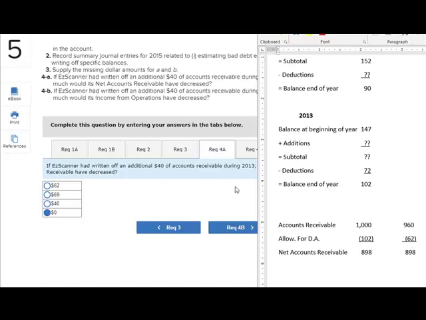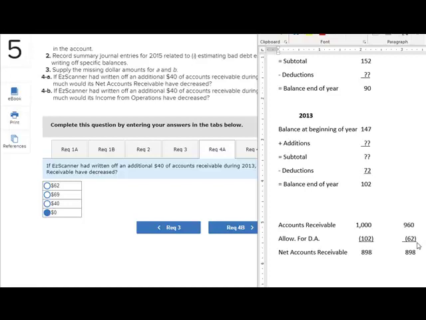So to answer this question, if we had written off an additional 40 in accounts receivable in 2013, well, our total accounts receivable would be 40 less, or 960. Because remember, in the write-off, we credit accounts receivable to decrease it, and we debit the allowance account.